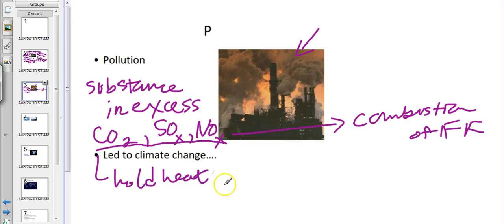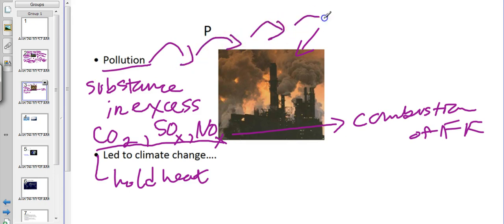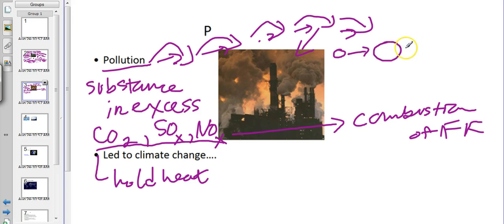Okay, so as a result, yes, we have pollution, but there's so much more that happens as a result of producing that pollution. And we call that change. This is a change in one direction that leads to further change in the same direction, kind of like a snowball effect. So you start out with burning fossil fuels. Burning fossil fuels leads to a problem where we have lots of pollutants in the atmosphere. Those pollutants then cause even more problems with holding heat.